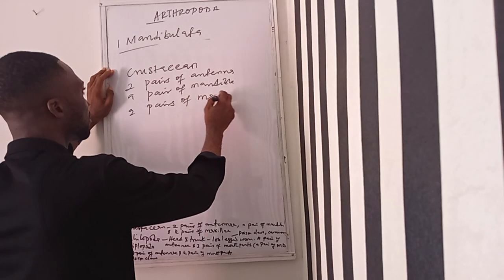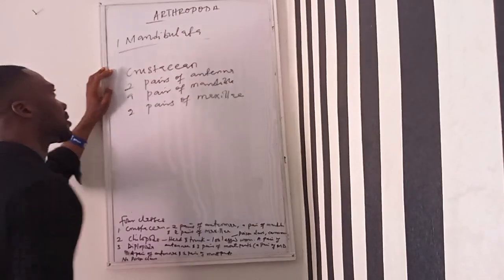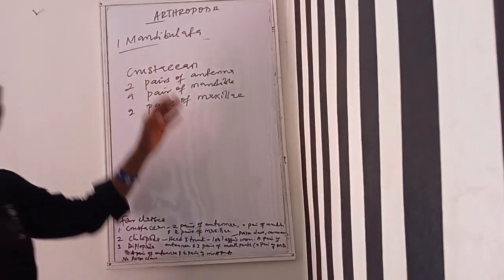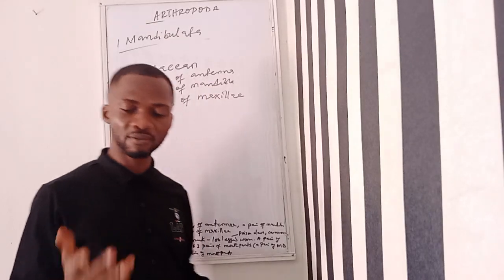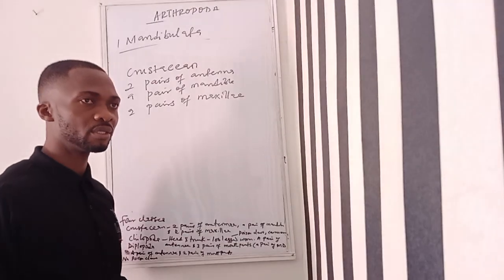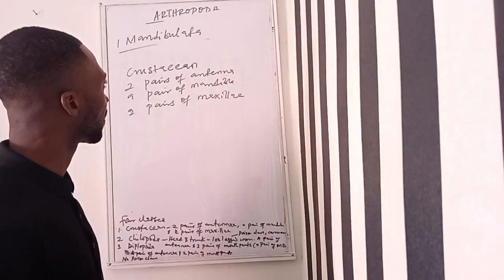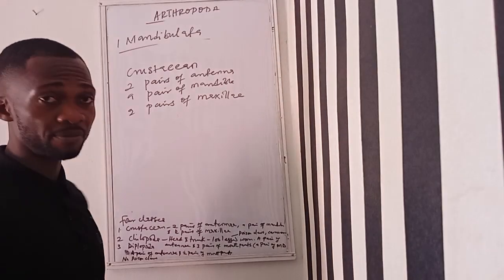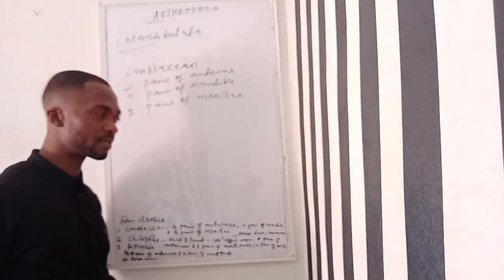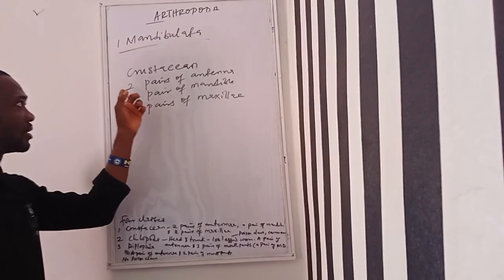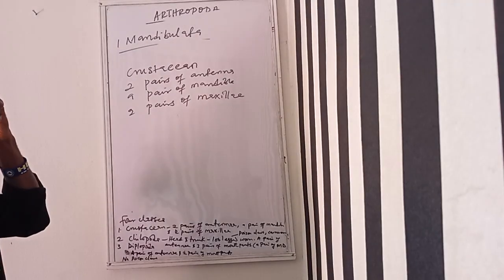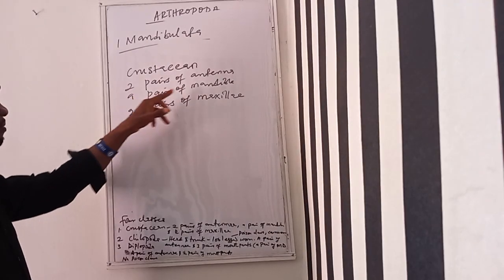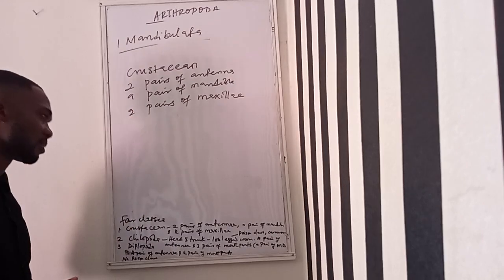The typical and common examples of crustaceans are the crabs, the crayfish, and all of that. They are under the crustaceans. So you can see their basic characteristics: two pairs of antenna, a pair of mandible, and two pairs of maxilla.